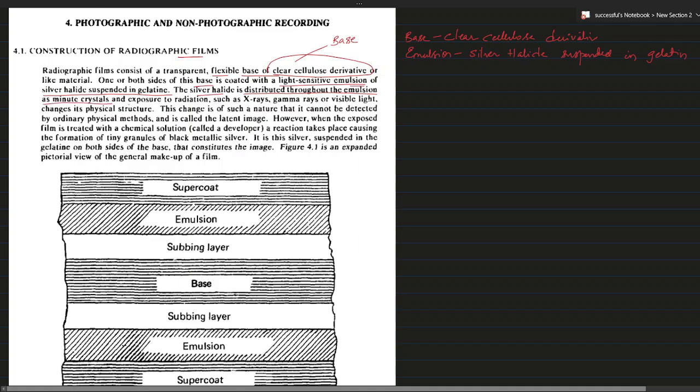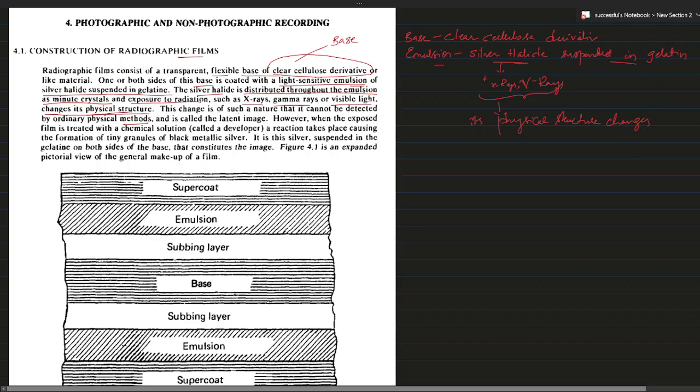Exposure to radiation such as X-rays, gamma rays, or visible light changes its physical structure.